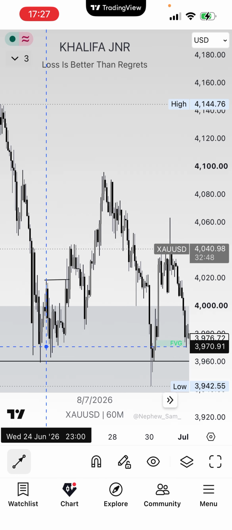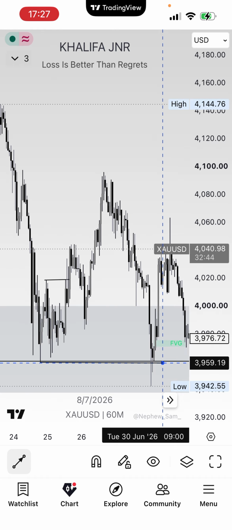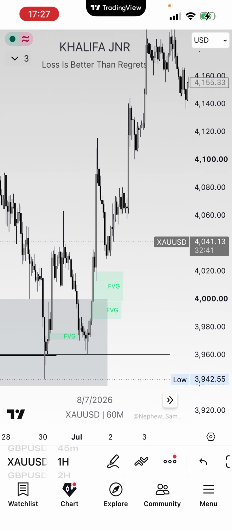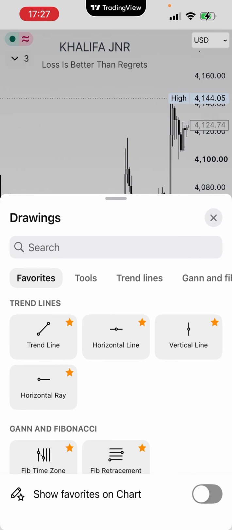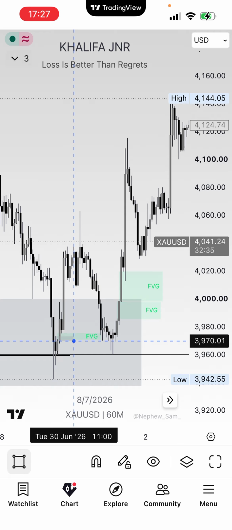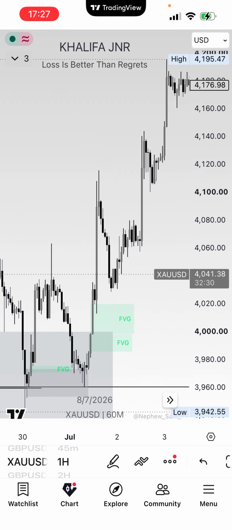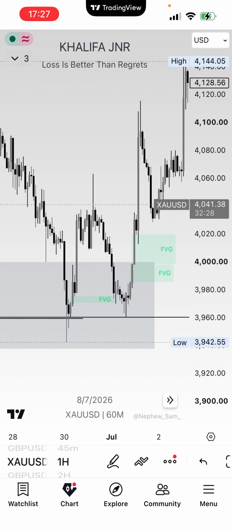Price swept this low right here, so I used this 1 hour order block, bam, then bought to the upside. I'm not interested in the buy, so I'll be talking about the sell.